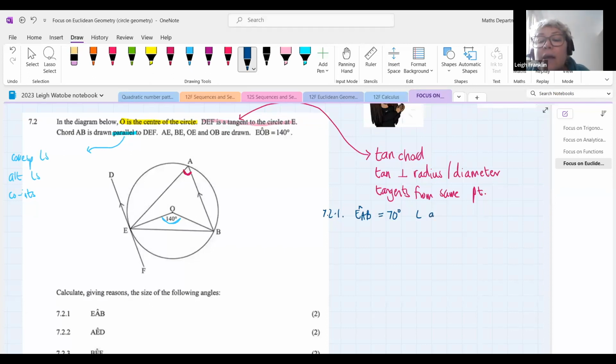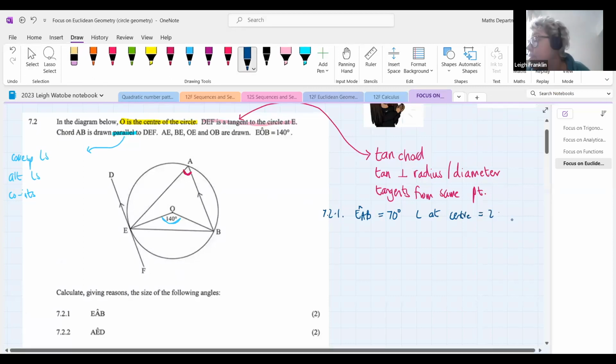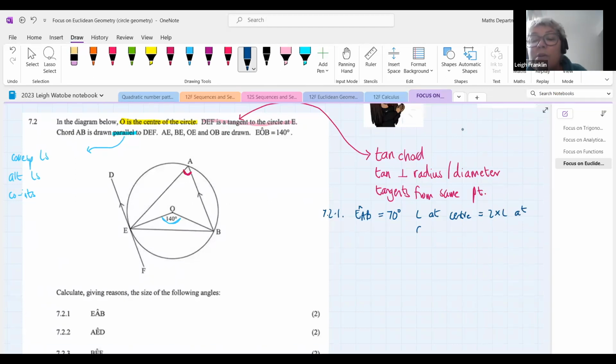Reason: angle at center equals 2 times angle at circumference. Fantastic. Well done, everybody. So 1 mark for the answer, the other mark for your reason in this case.